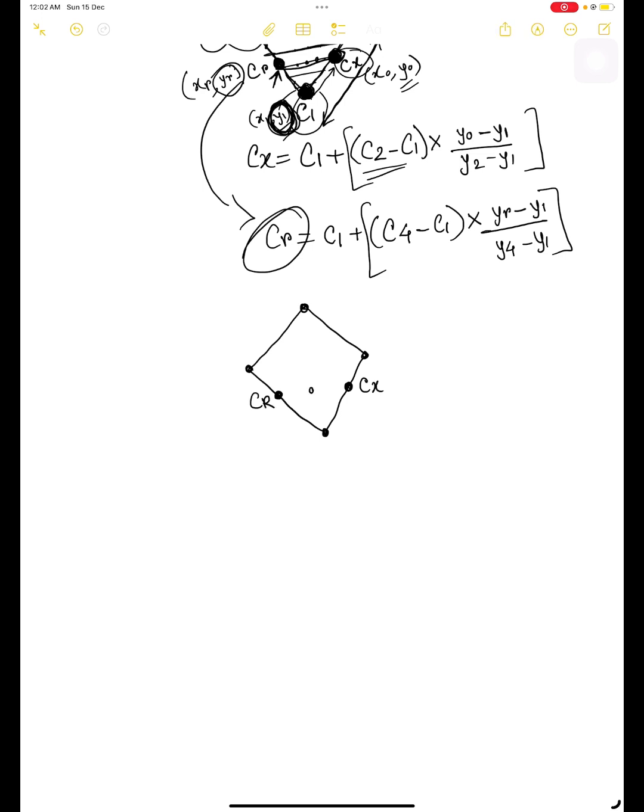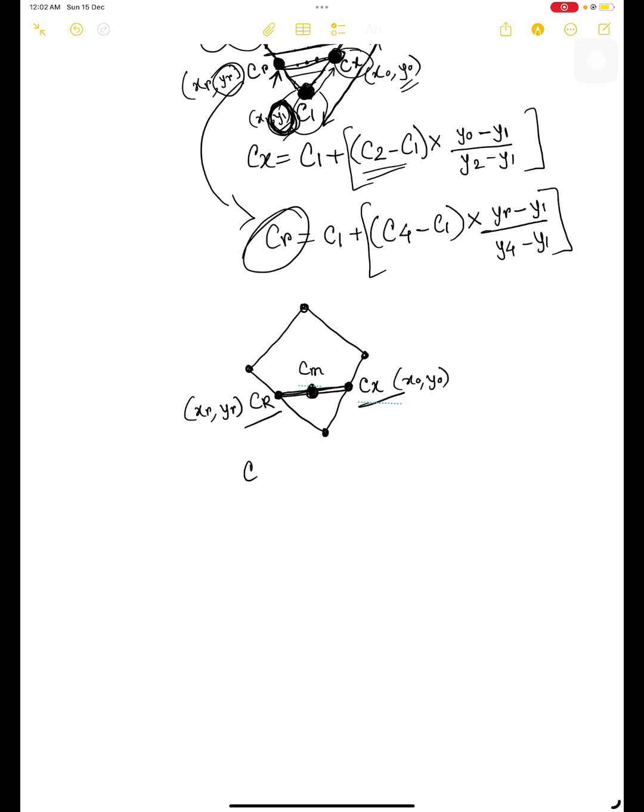If I want to find the color of this point, I will now use CR and CX, and this can be written as CM. This coordinate was X0 and Y0. This coordinate was XR and YR. Using the same method, I can find the color of this specific point.